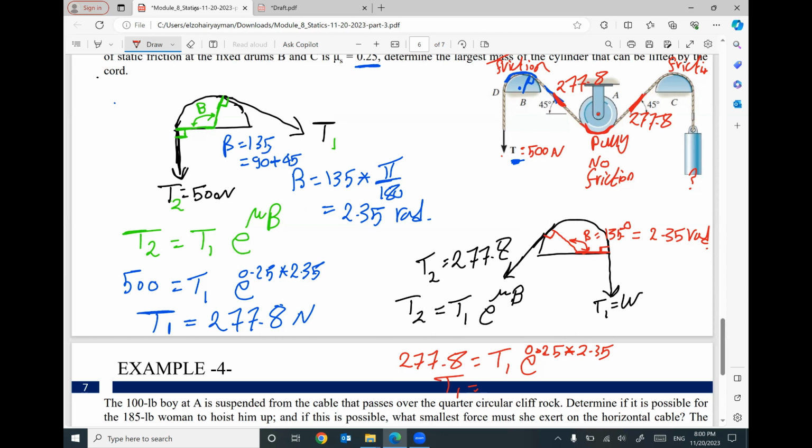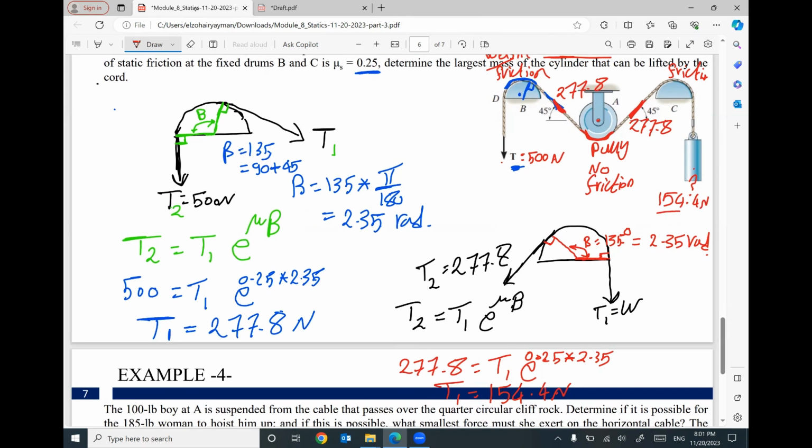The value will be 154.4 Newton. So what I can put here as a cylinder, I can put only a weight equal to 154.4 Newton. If you put this weight here, I can keep it in this position if you apply a force here, 500 Newton.